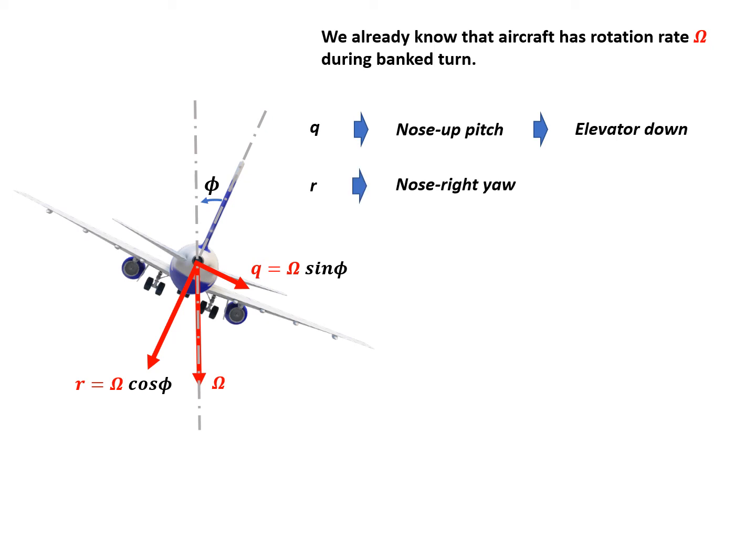Again, take out your right hand, so the sum follows the arrow. This R relates to the nose yawing towards the right, and in that case, the rudder needs to deflect towards the right. So I'm indicating the deflections of the rudder and elevator. And simultaneously, you need aileron deflections to produce such a bank angle.